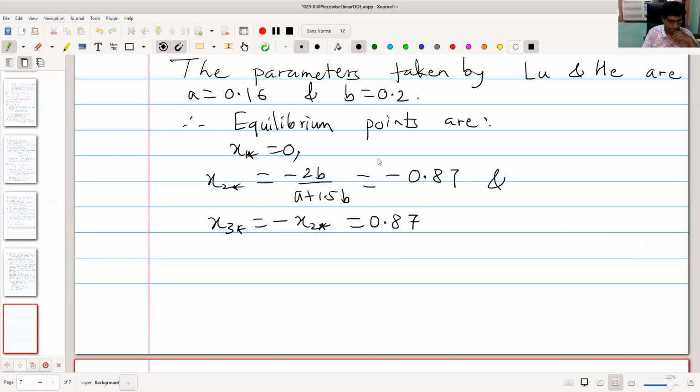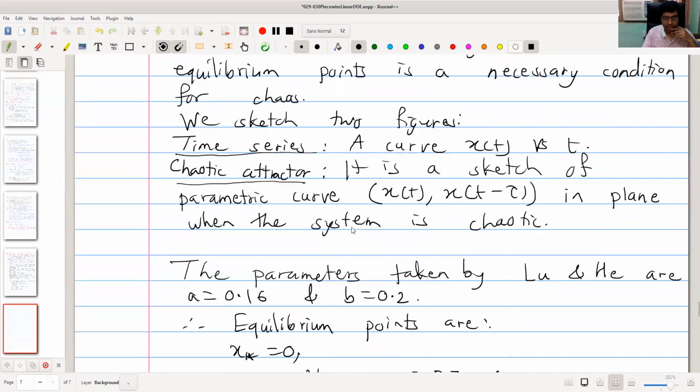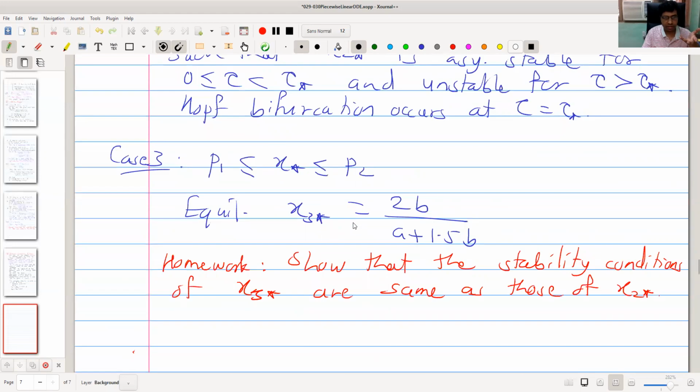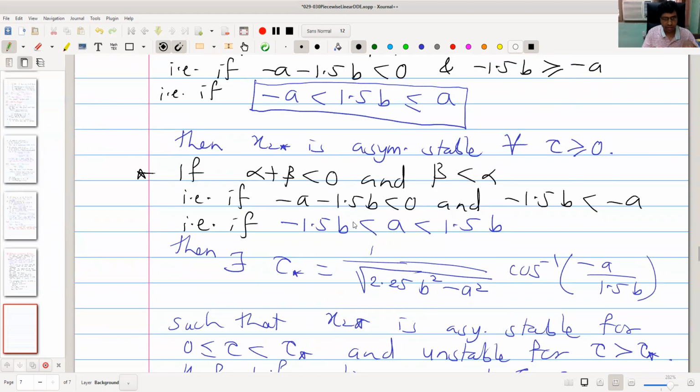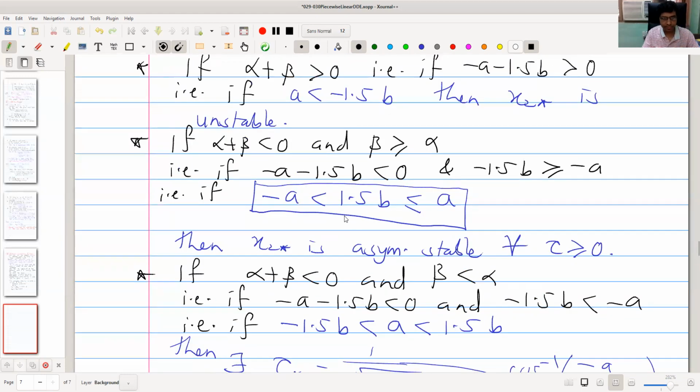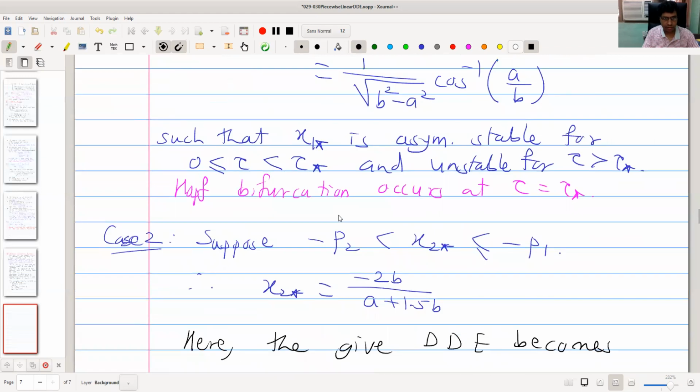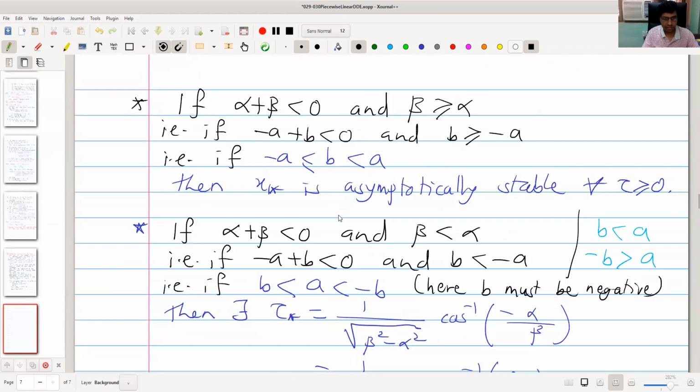So for analysis of all these equilibrium points, maybe we consider first thing. Here we have mentioned all these conditions. Case 1.